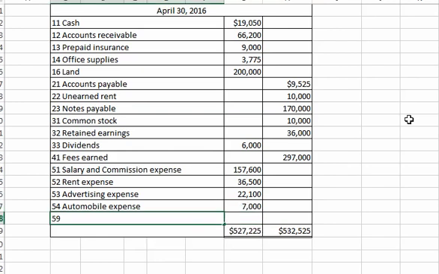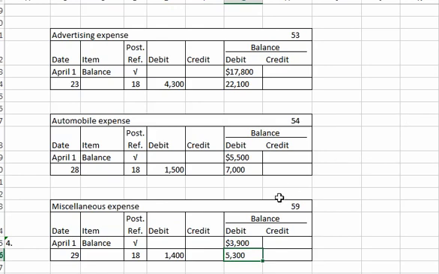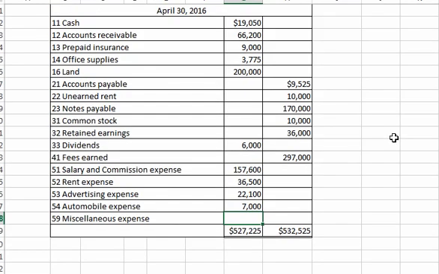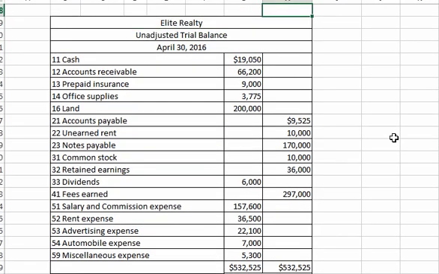And then account number 59 is miscellaneous expense. Its ending account balance is a debit for $5,300. So now we have completed the unadjusted trial balance as of April 30th, 2016.